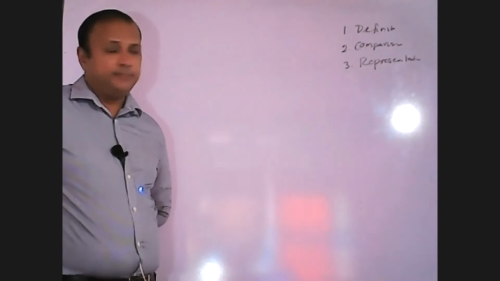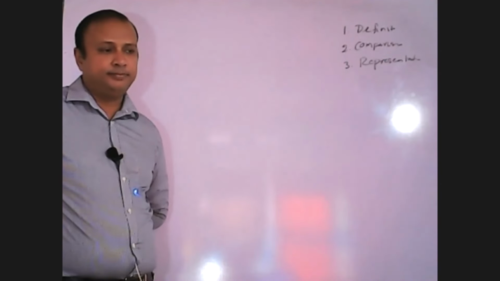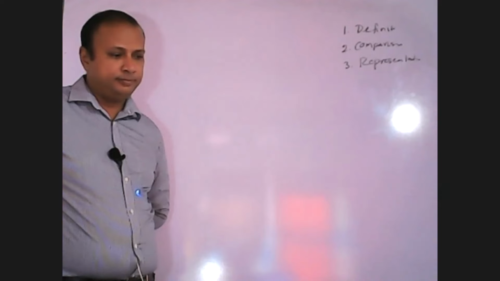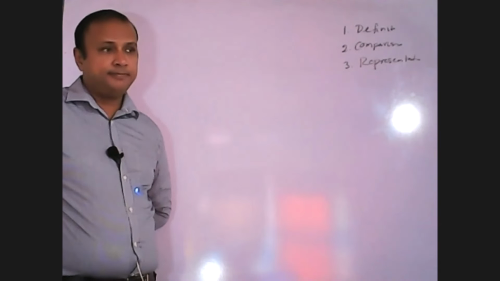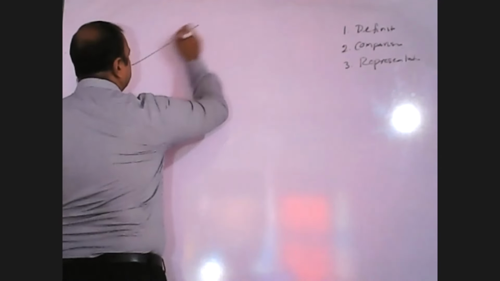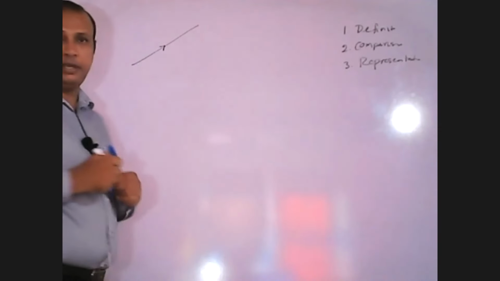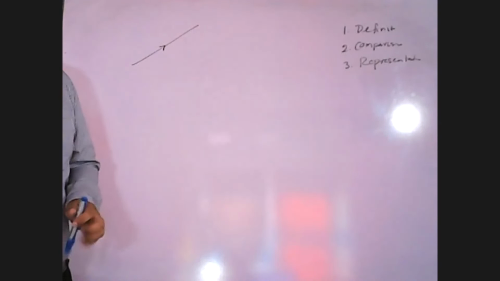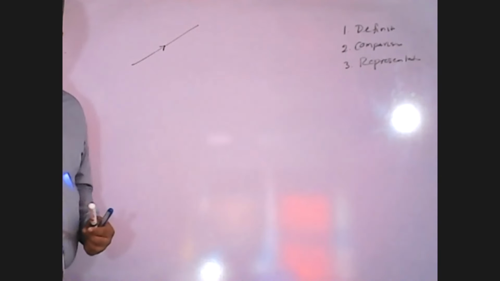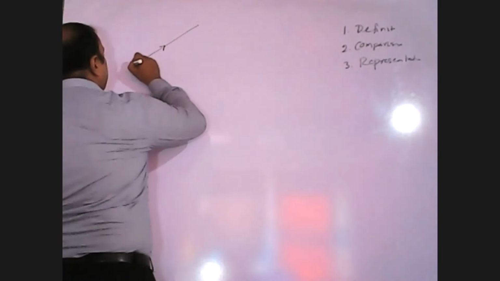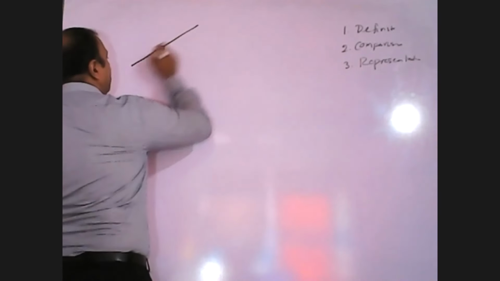The magnitude of the vector can be represented by the length of the line segment.